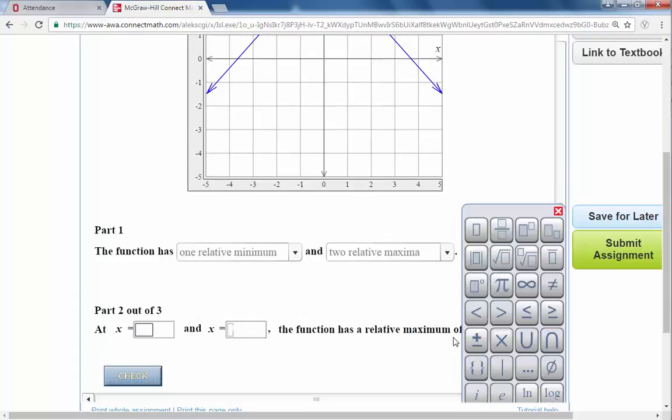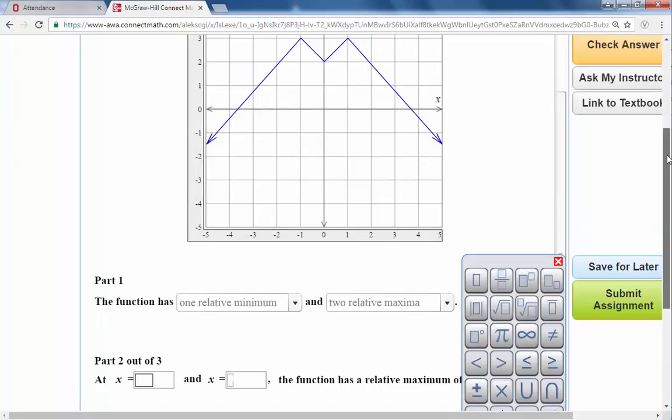All right, we need to locate them, tell where their x coordinates are. So maximum first, they are here, right? Go down and smash this to the x-axis, -1 and +1.